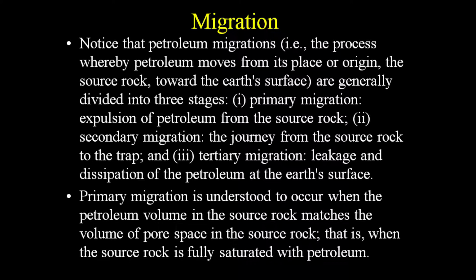And 3. Tertiary migration, or the leakage and dissipation of the petroleum at the Earth's surface. Primary migration is understood to occur when the petroleum volume in the source rock matches the volume of pore space in the source rock. That is, when the source rock is fully saturated with petroleum.